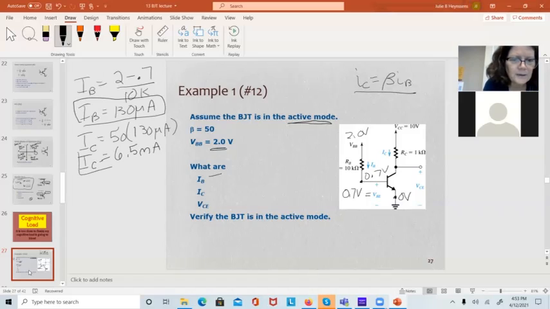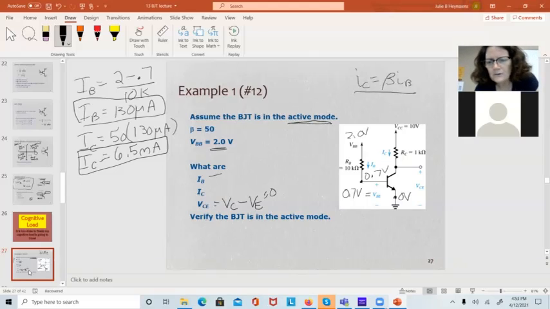So we got IB, IC, and now we want to figure out what VCE is. Remember, VCE is just going to be same notation, VC minus VE. We know VE is 0. So we really need to find VC.